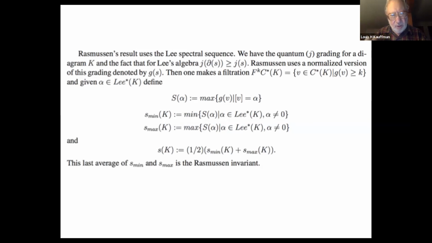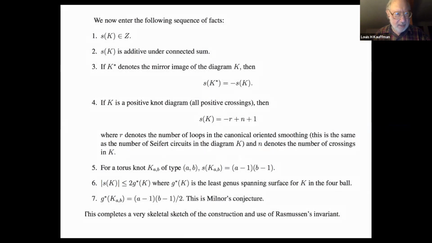And Rasmussen notes that by looking at the gradings and using the spectral sequence, you can define an invariant from the Lee homology elements that will be invariant under cobordism and have nice properties. And the properties that it has are like this. Rasmussen's invariant is an integer, it's additive under connected sum, does nice things on mirror images.